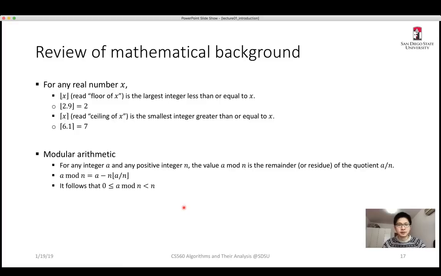And it naturally follows that a mod n is greater than or equal to 0 and less than n. And if a mod n equals b mod n, where b is another integer, we write a ≡ b (mod n). And this says that a is equivalent to b modulo n.